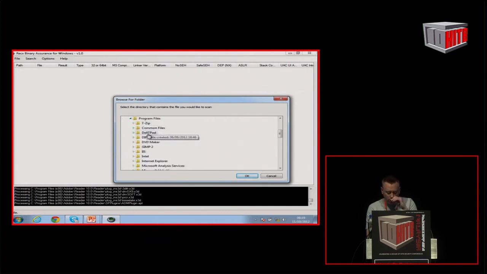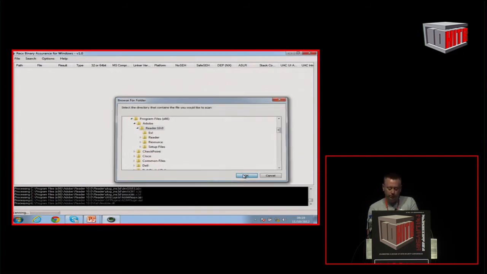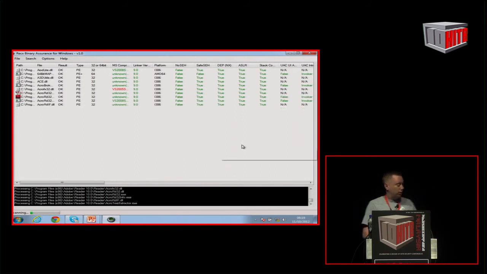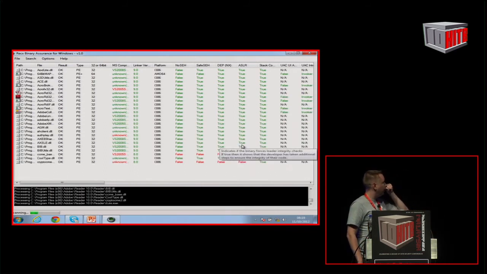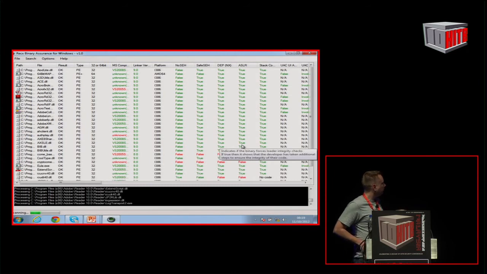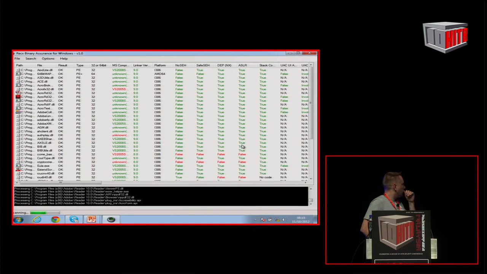I always pick on Adobe because they were normally at the top, if I can actually find them, so it's nothing particular against Adobe. It's just running a quick scan now. You'll see it's relatively quick. I would dance at this point if I could, but I can't.